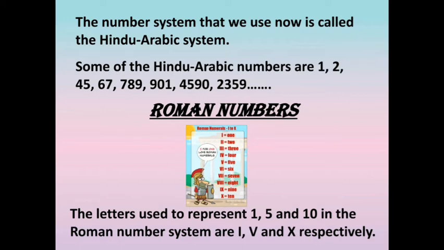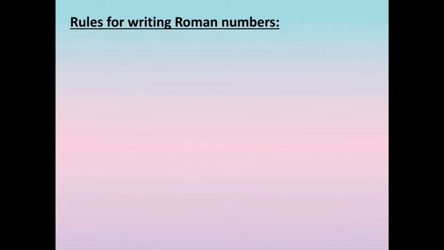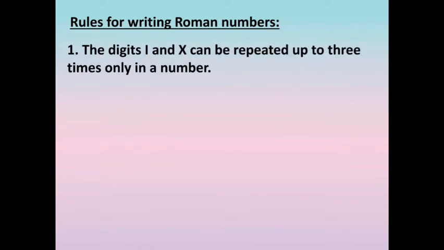So, rules for writing Roman numbers. The digits I and X can be repeated up to 3 times only in a number. Now I already told you that we are having only 1 to 30 in 3rd standard.